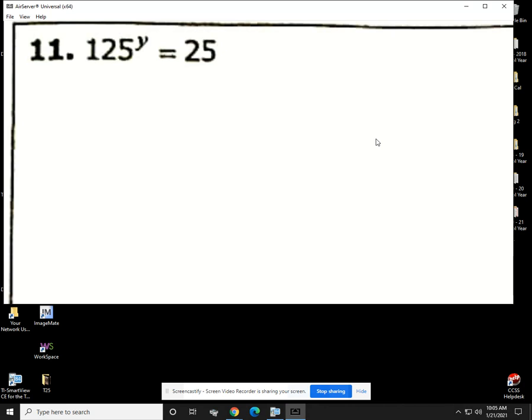Here I made 125 turn into 5 cubed, and I made 25 back down to 5 squared. They both had to go to a different number below it. When you can't make them the same as one base, you've got to make both bases the same as another. If that makes any sense, the way I said it.